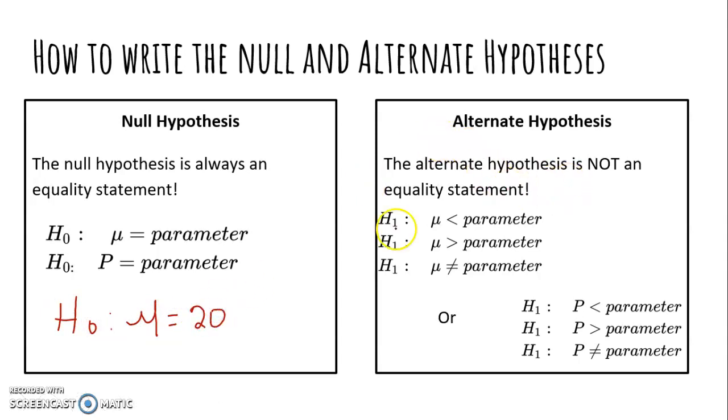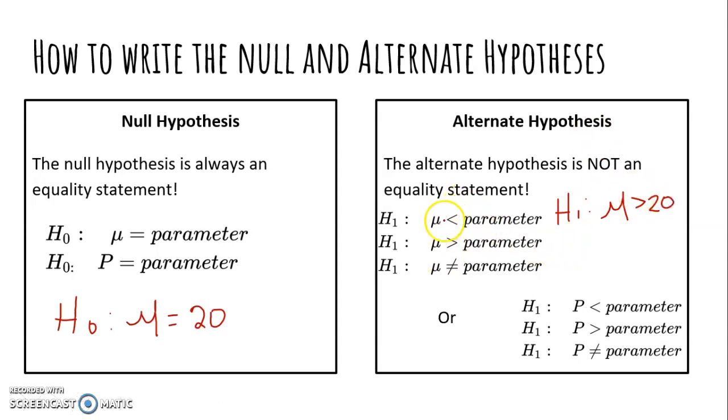For the alternate statement, we write H subscript 1 or H subscript A with the same parameter notation, in this case mu. And then we state what we believe or what the claim is. So looking at the evidence, it looked like the cereal weight was over 20 ounces. Now you have three choices.